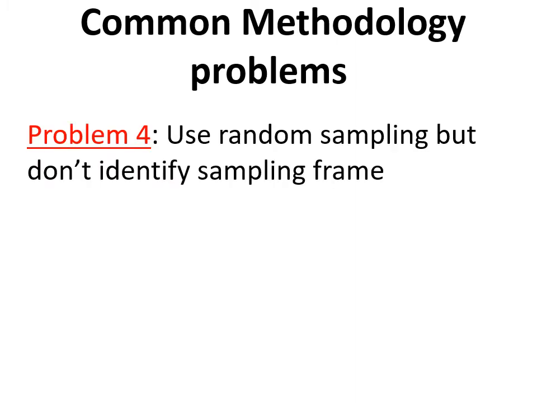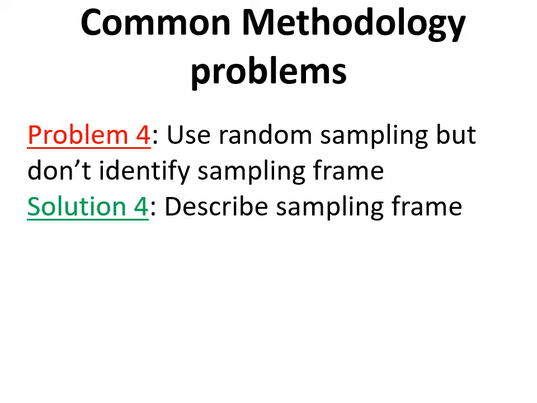Problem 4, you say you're going to use random sampling, but you do not identify your sampling frame. Remember, your sampling frame is basically a list, though it could also be a grid or a transect. But you need to specify what your sampling frame is, if you're going to use random sampling.